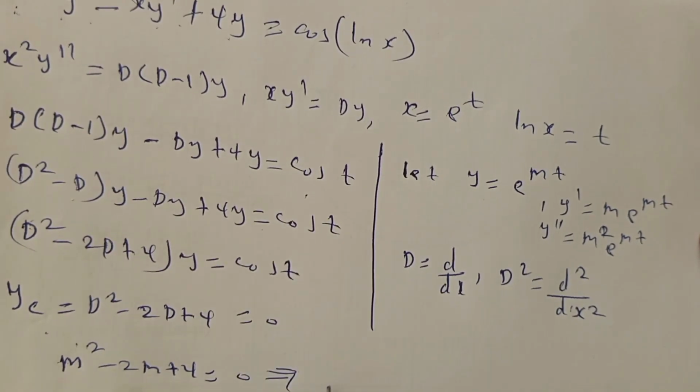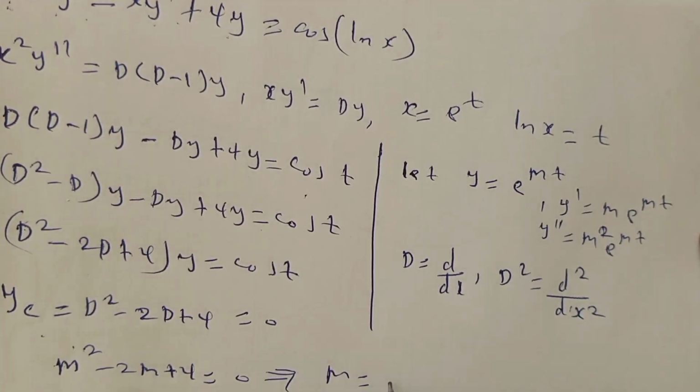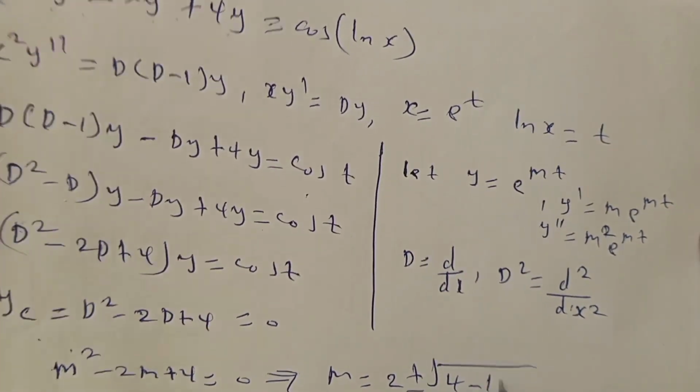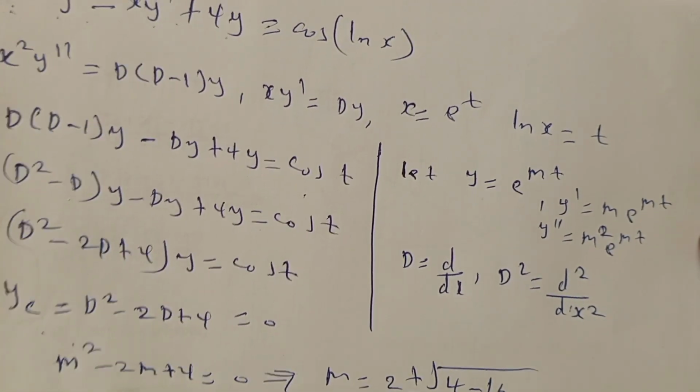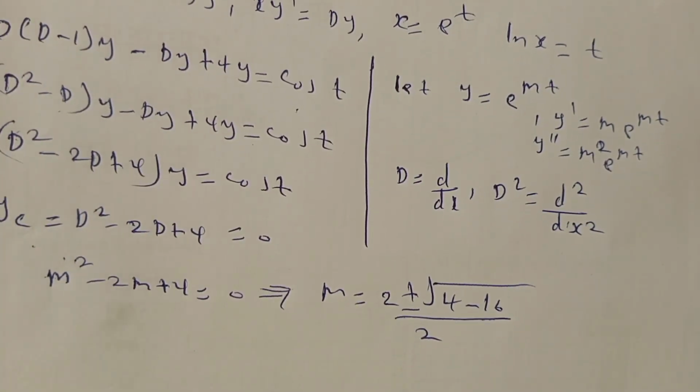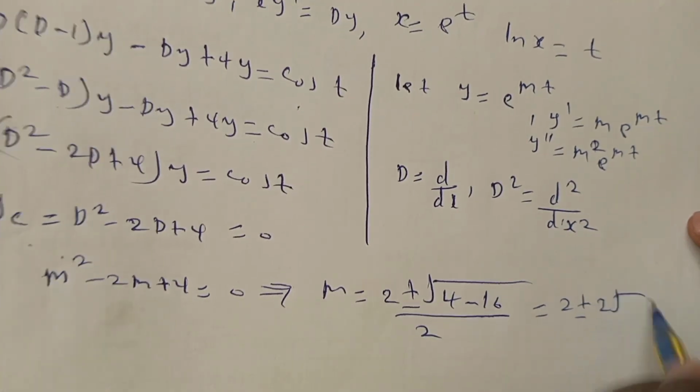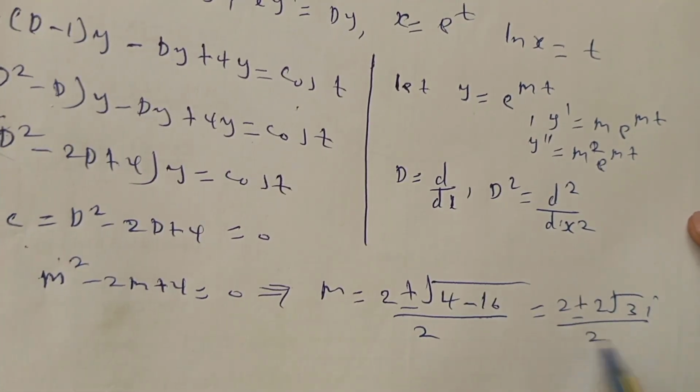So by quadratic formula, m will be equal to 2 plus or minus the root of 4 minus 16, divided by 2. Making use of quadratic formula, this is equal to 2 plus or minus 2 into bracket root 3 i, divided by 2.